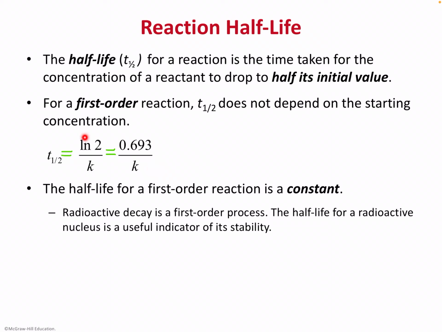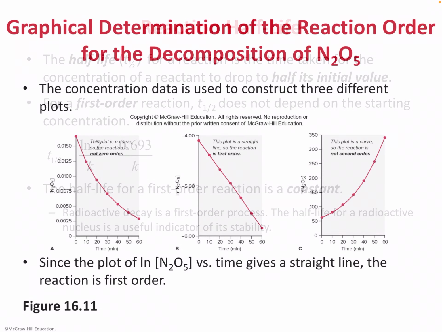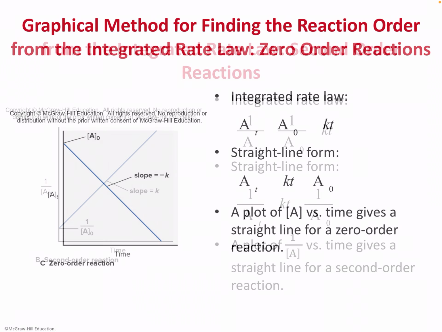Now you may be wondering, how do we get this equation? The way we get that equation is, let me take you back to where we saw the first order rate equations.